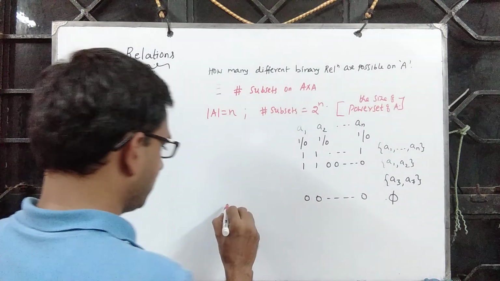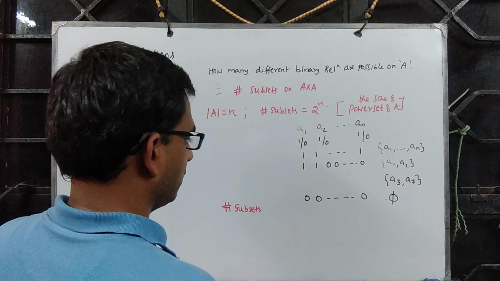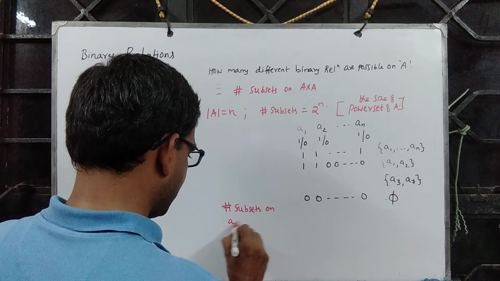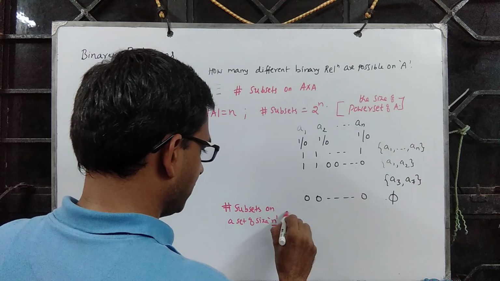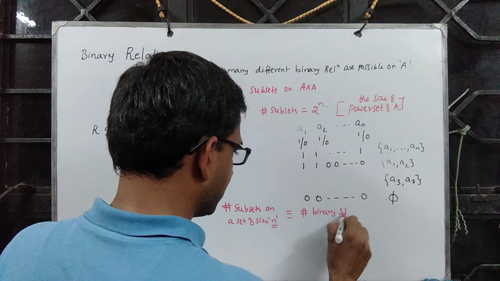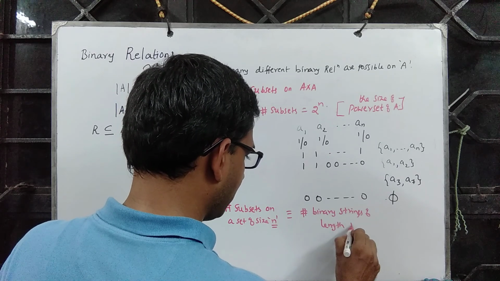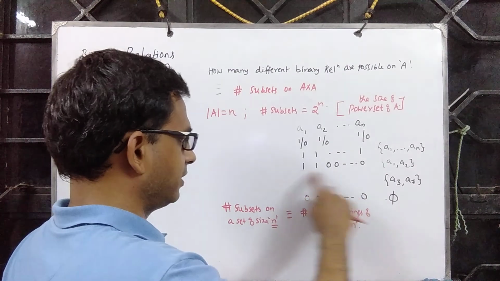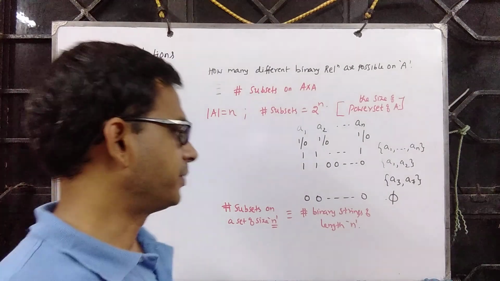This tells you something. Counting the number of subsets on a set of size n is equivalent to counting the number of binary strings of length n. This is a binary string, this is a binary string, and so on. How many different binary strings are possible?